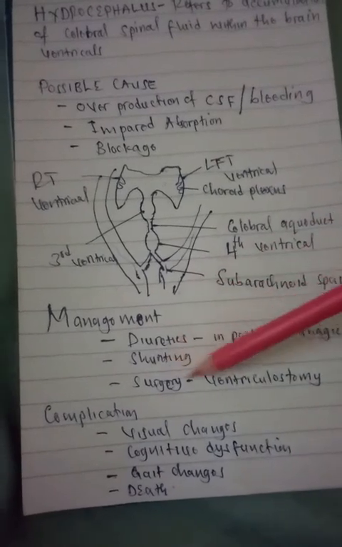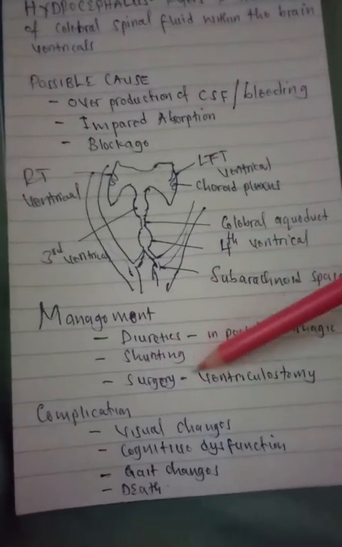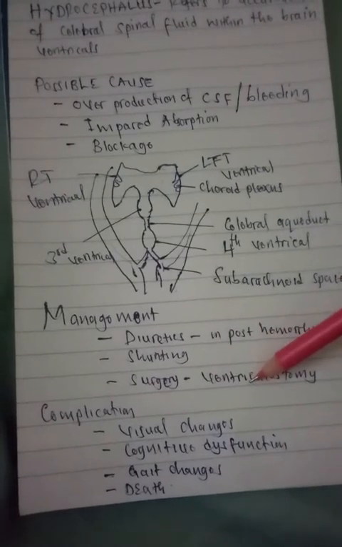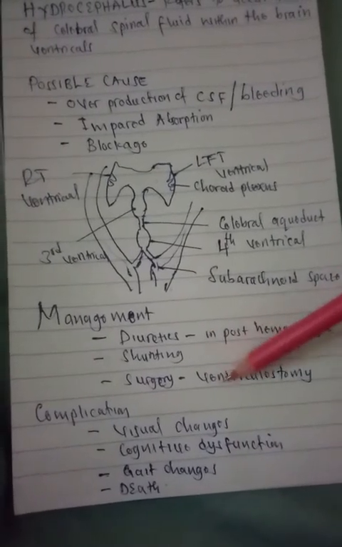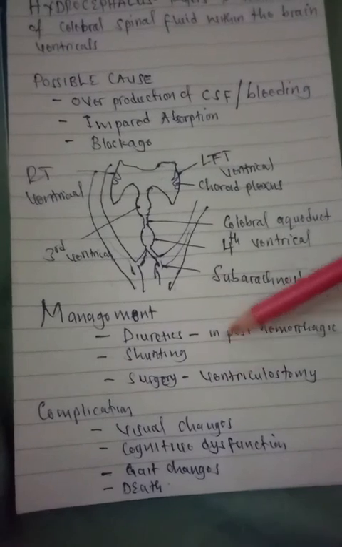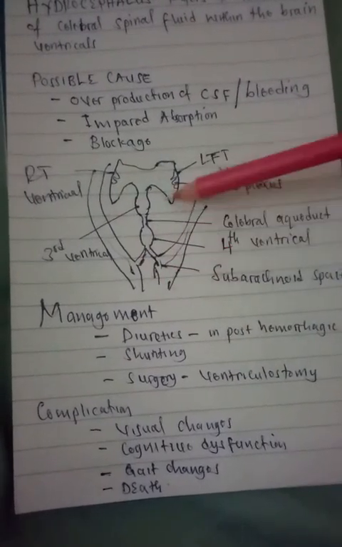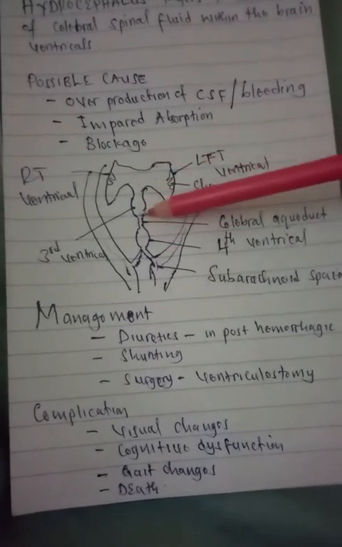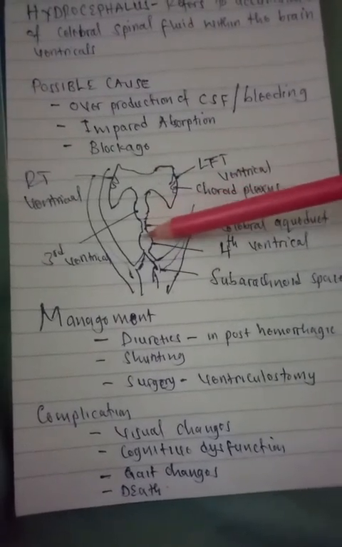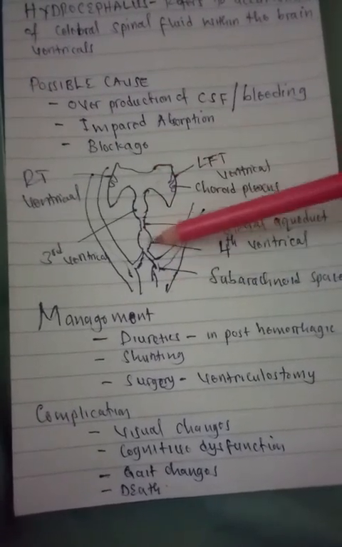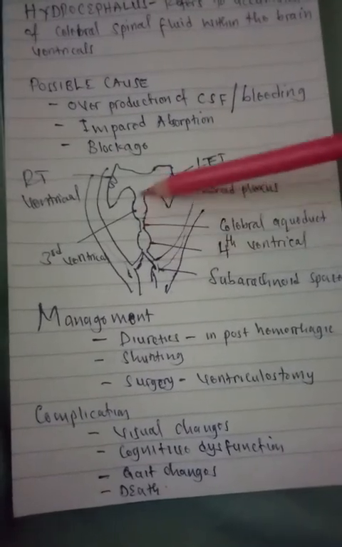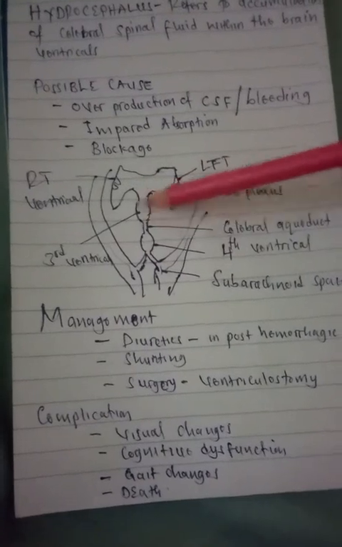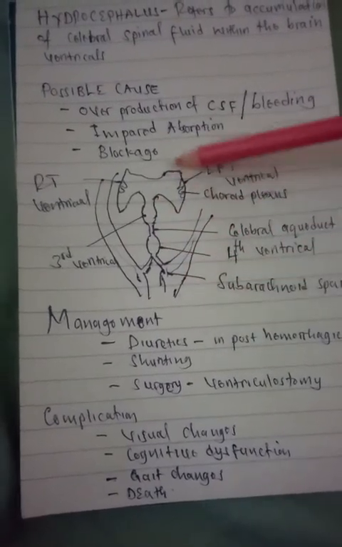But also there is a surgery, a procedure called ventriculostomy. This is done for obstructive or non-communicating hydrocephalus, which might be due to cerebral aqueduct stenosis or a tumor which compresses the flow of cerebrospinal fluid.